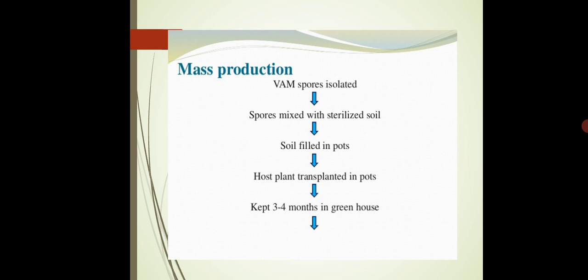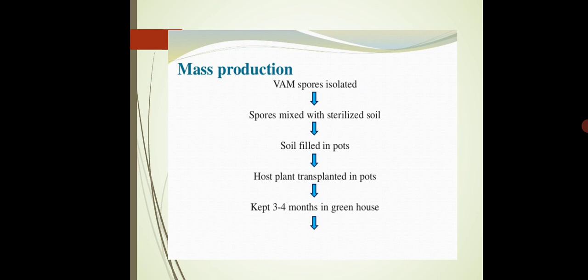Ectomycorrhiza is an association that takes place at the surface of roots. These ectomycorrhizae reproduce by themselves, they do not depend on the host plant. Even if the host plant is not there, they are still able to survive. These are known as ectomycorrhizae.